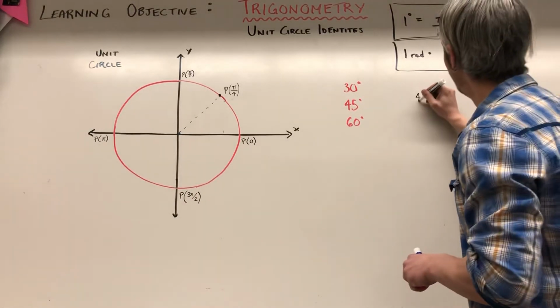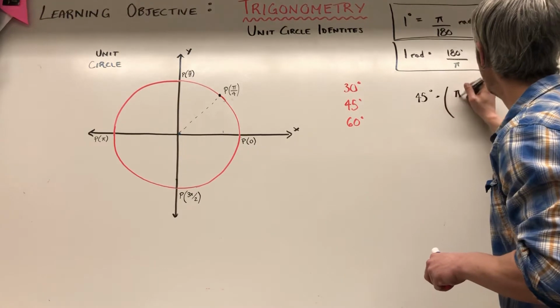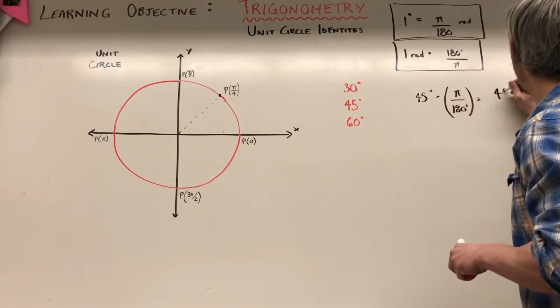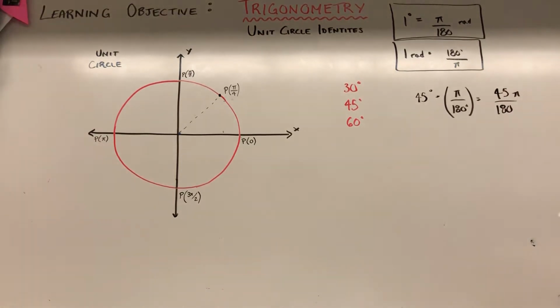45 degrees times pi over 180 will give me that angle in radians. 45 over 180 is a quarter, because 45 times 2 is 90, times 2 is 180. So this is pi over 4.